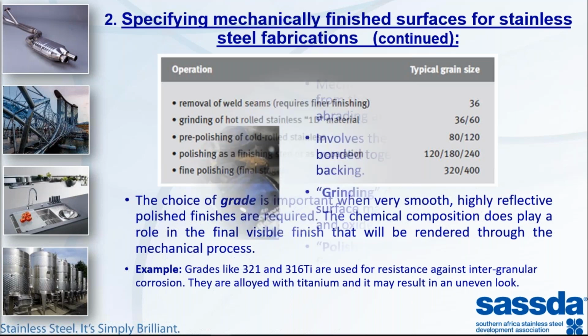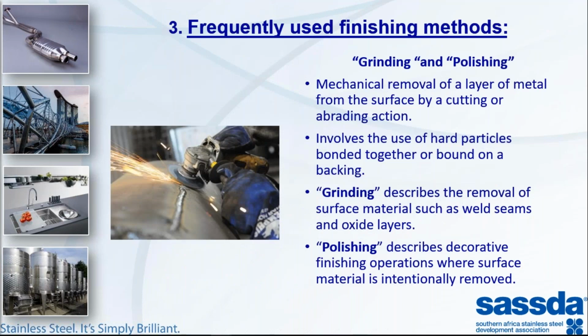Okay, so let us have a look at the finishing methods. Let's kick off with grinding and polishing. This is a mechanical method of removing layers of material from the surface with an abrading action. So it involves hard particles that are glued or bonded on a backing, and this then moves at speed and at a specific pressure to remove the upper surfaces of the material.